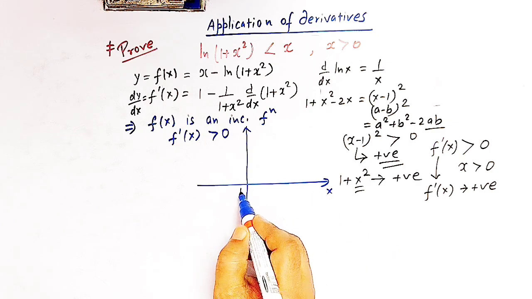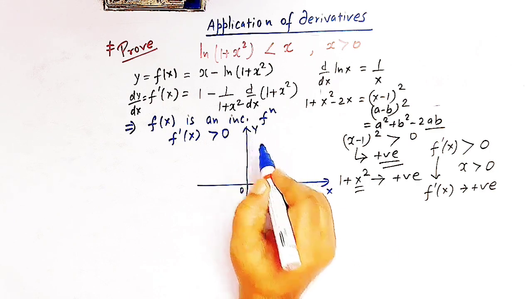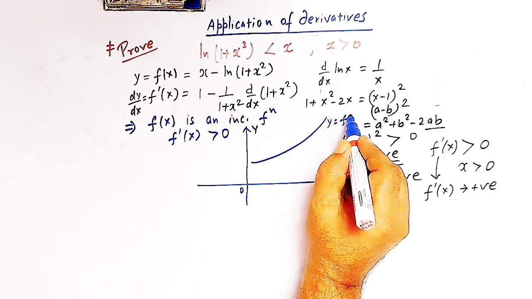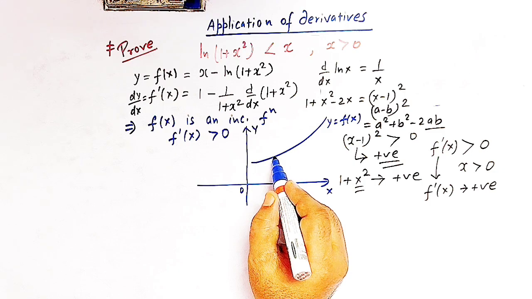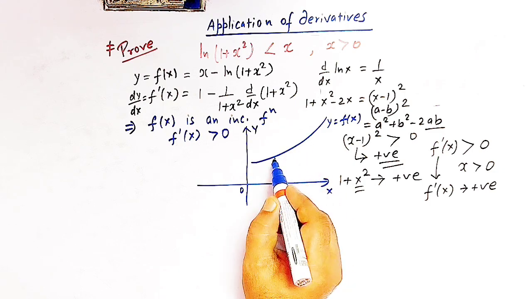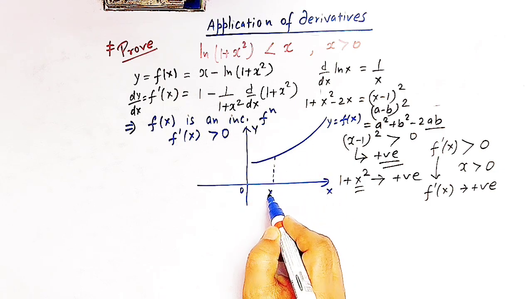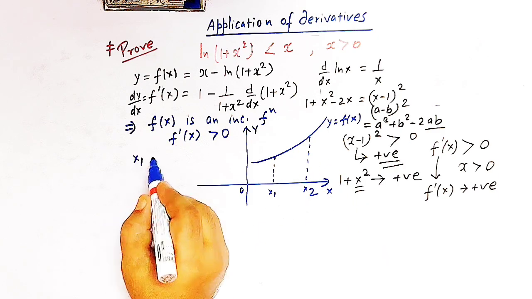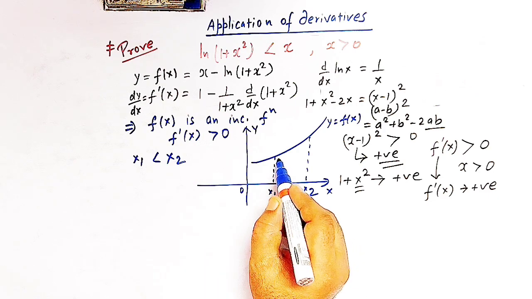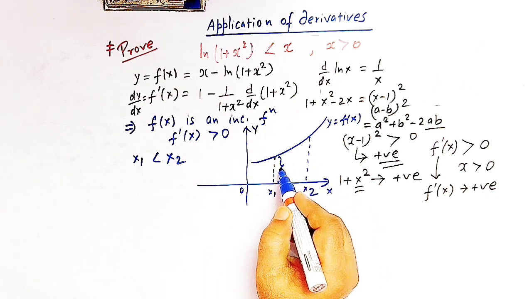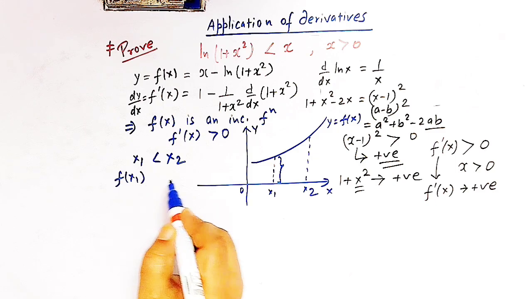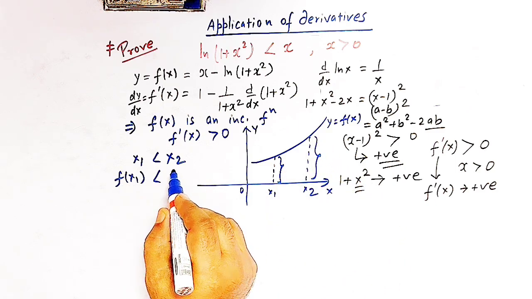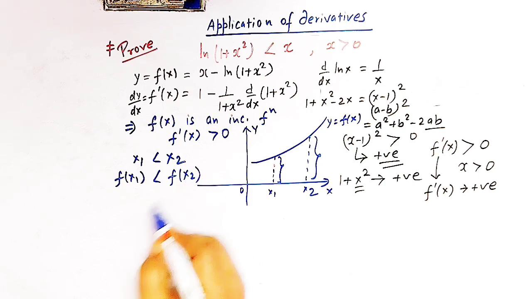If we have the x-axis and y-axis, and an increasing function y is equal to f of x, and we take 2 points on this curve, say x1 and x2, then when x1 is less than x2, f of x1 is less than f of x2.